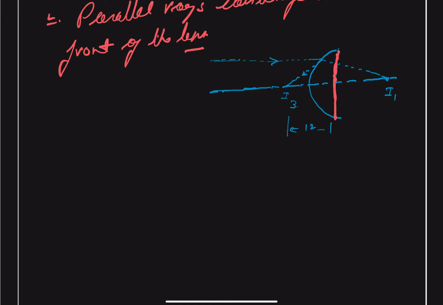And let me draw it as a solid one. So in this direction, and because of this virtual I1, it will be forming like this. So this will be our I2. So I2, I3 as well as I1.